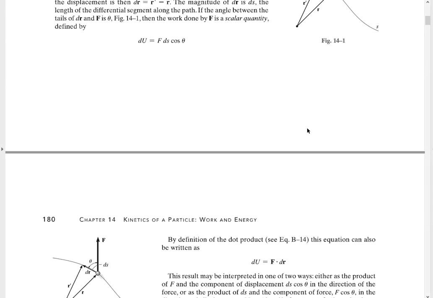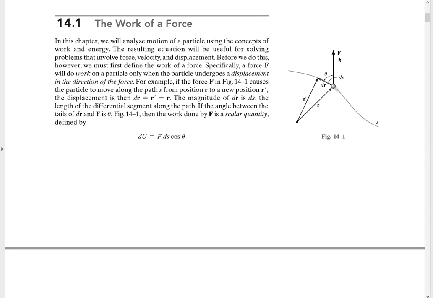Okay, and the maximum effect that the force can have in terms of work produced is when this angle is 0, that is, cosine is 1.